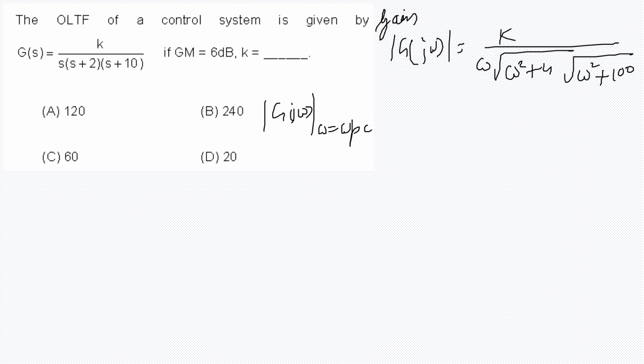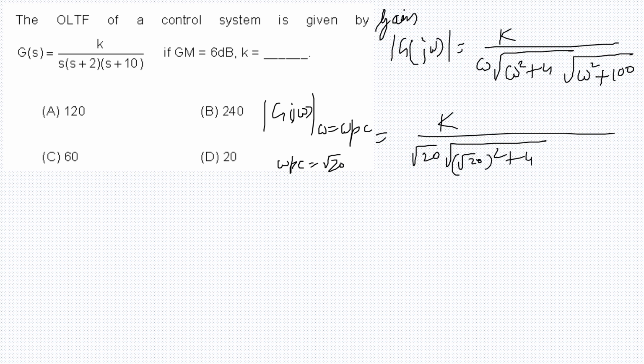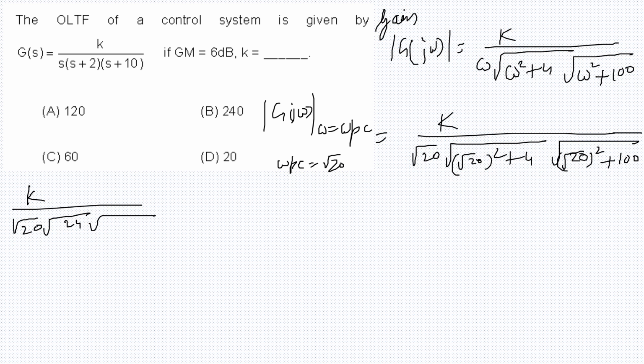Omega pc has already been calculated as root 20, so we substitute that here. We get k over root 20, under root (root 20) whole squared plus 4, under root (root 20) whole squared plus 100. Now if you further calculate this, you get k over under root 20, under root 24, under root 120. This is what you get.